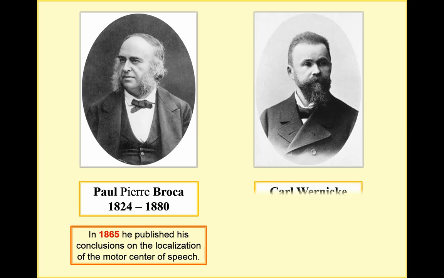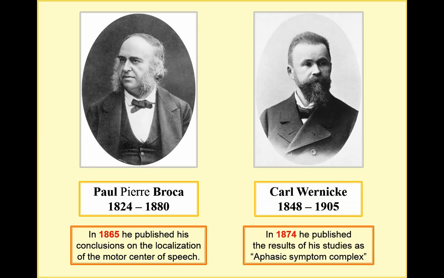Later, another German investigator found another type of damage that produces problems with speech understanding. This was Carl Wernicke. He was a little bit younger, and when he found the problem with understanding of speech, he was only 26 years old, and he published the results of his studies and called it the aphasic symptom complex. Actually, all types of speech disorders are called aphasia.